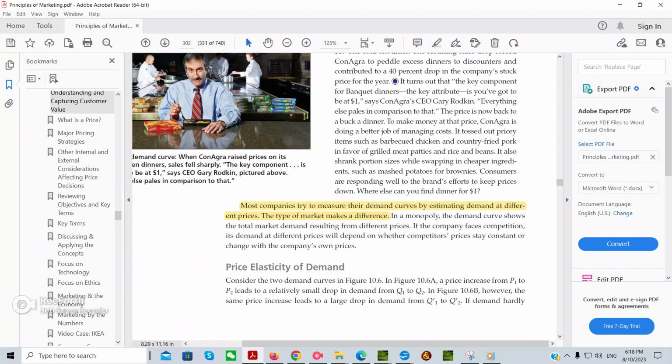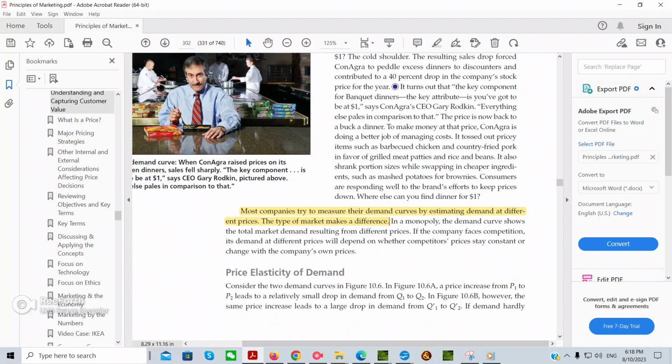Consider the two demand curves in Figure 10.6, which is below on the next page. A price increase from P1 to P2 leads to a relatively small drop in demand from quantity 1 to quantity 2. Remember, it's price compared to quantity, so price 1 compared to Q1 and price 2 compared to Q2.